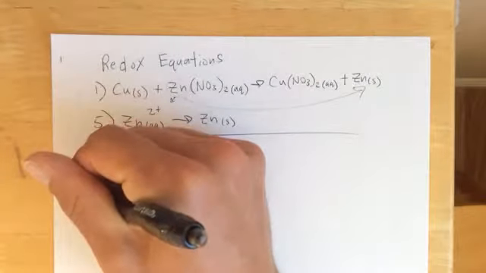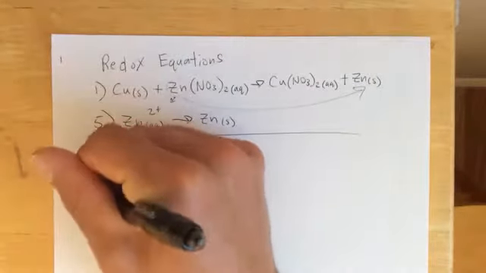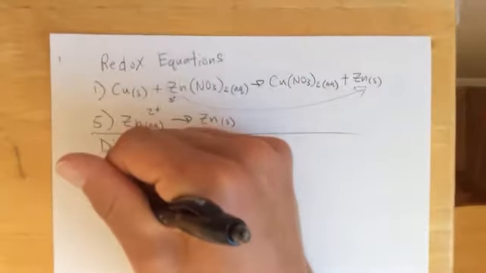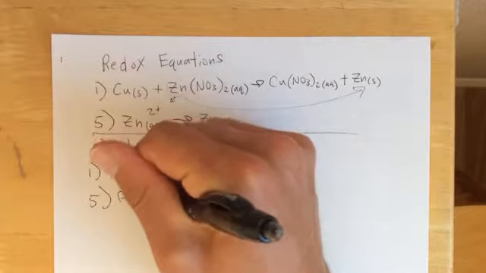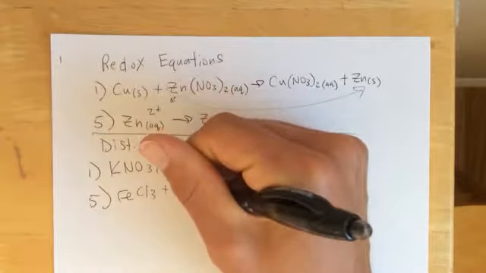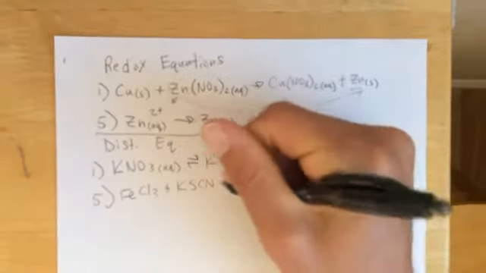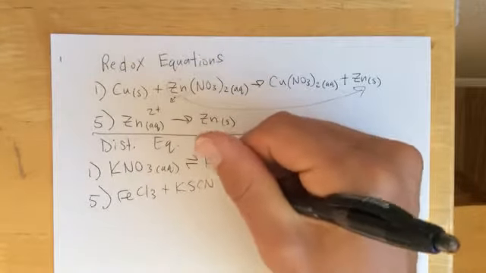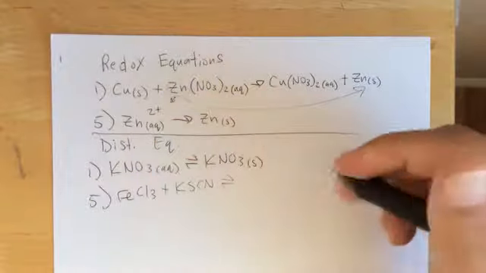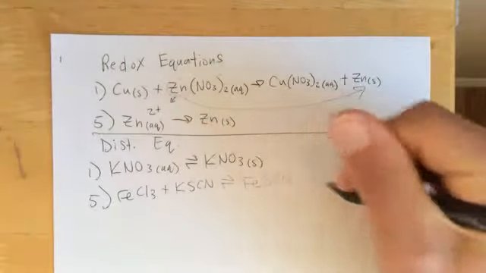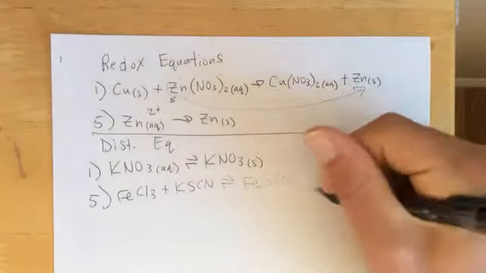And finally, for number 5 on this same lab, the balanced equation is iron chloride plus potassium thiocyanate, and those are going back and forth, and then we end up with iron thiocyanate and potassium chloride.